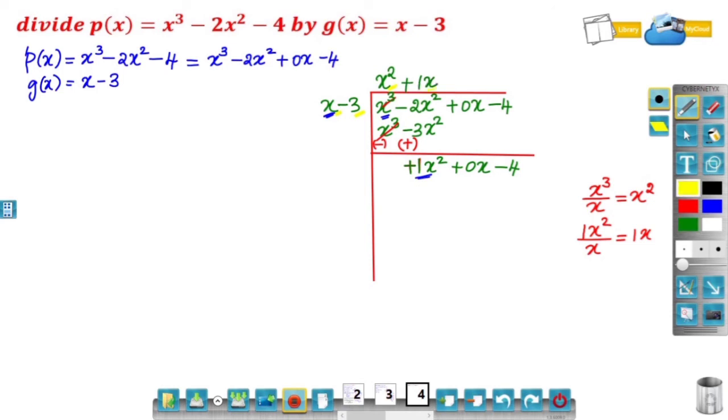Now by 1x you have to multiply to the divisor. 1x into x, then 1x into minus 3. 1x into x is 1x square, plus 1x into minus 3 is minus 3x.